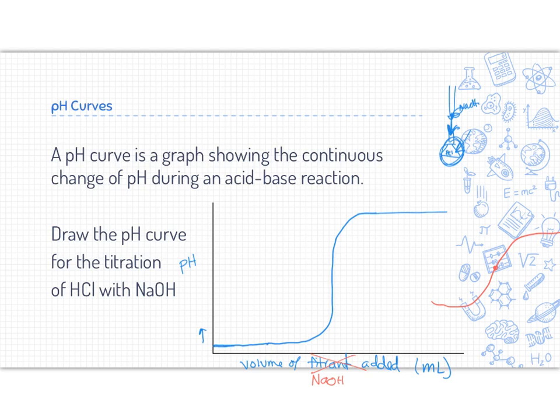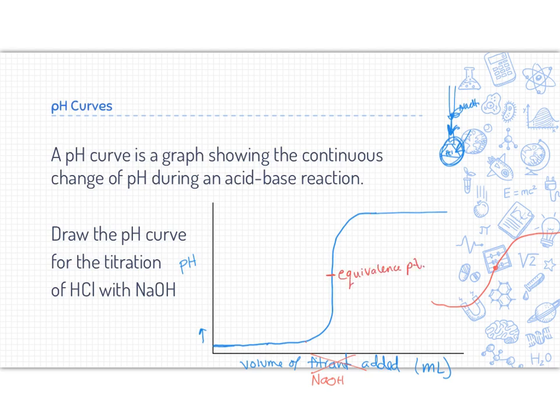And I know that there's only one equivalence point, and we'll talk about that a little bit later, but an equivalence point is in the middle of our high and low. Okay, so it's the midpoint. This is called the equivalence point.